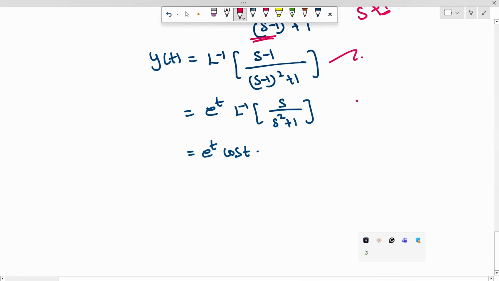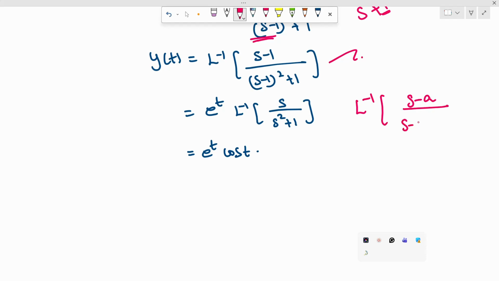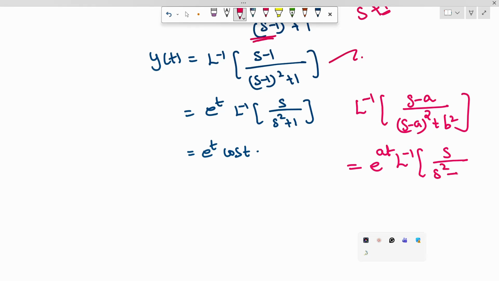This formula format is L inverse of s minus a by s minus a whole squared plus b square, which is equal to e power at into L inverse of s by s square plus b square. We know that L inverse of s by s square plus b square is cos bt. So e power at into cos bt is the formula.